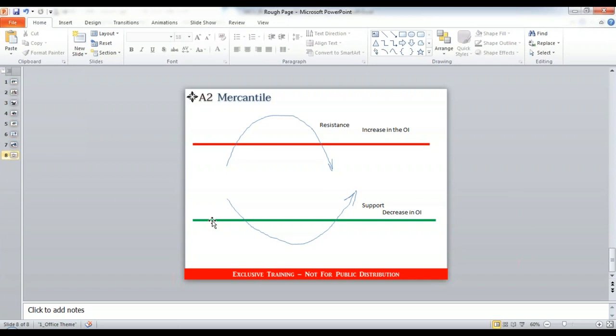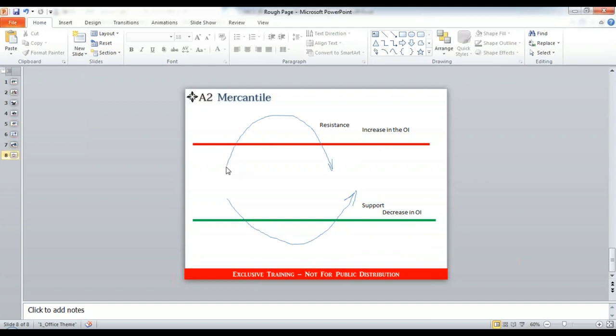Here the straight lines are yesterday's high and low. So on any given day, if the price goes below this and comes back with a decrease in open interest, you can consider this to be a stronger support.